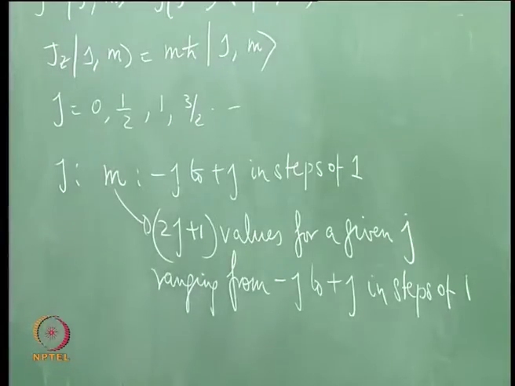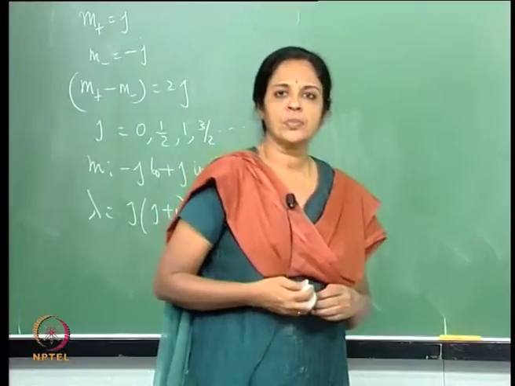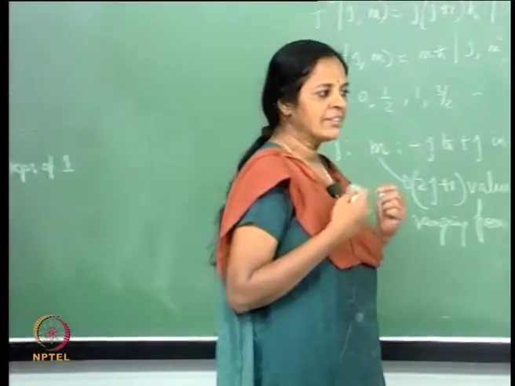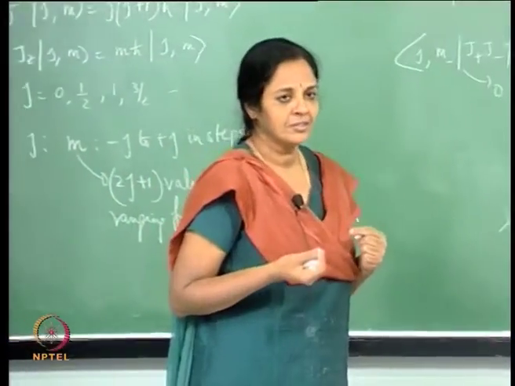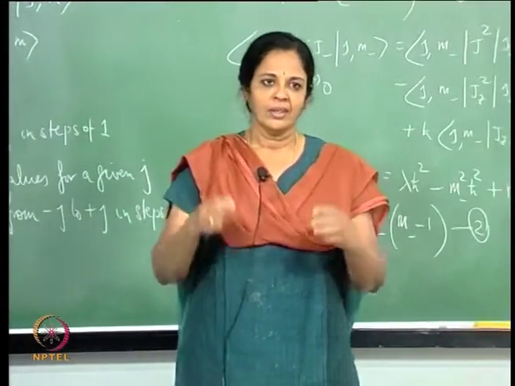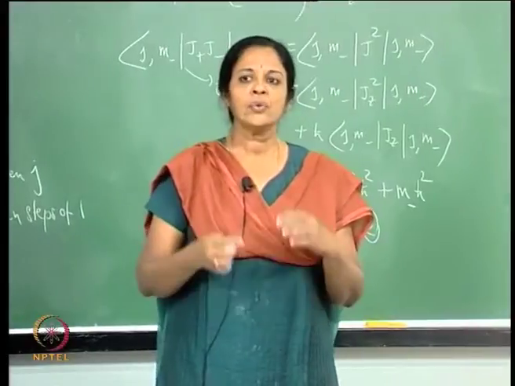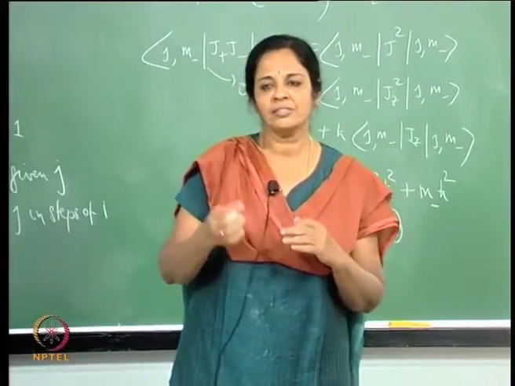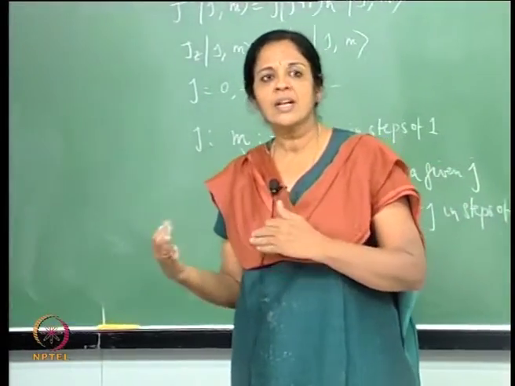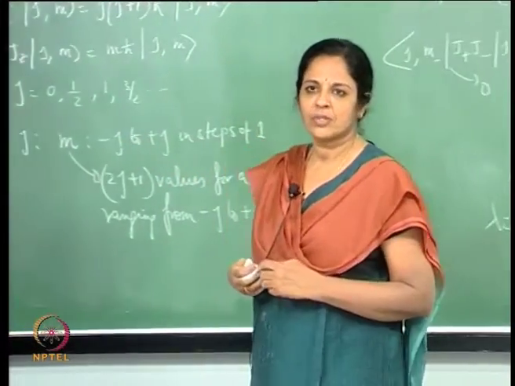And indeed, this is what we had verified when we did the spin doublet problem, equivalently the two-level atom problem. When we had the two basis states half comma half, where J was half, called it S then because it was spin, the second entry was M. So we had two states half comma half and half comma minus half. So M took values minus half to plus half in steps of 1.